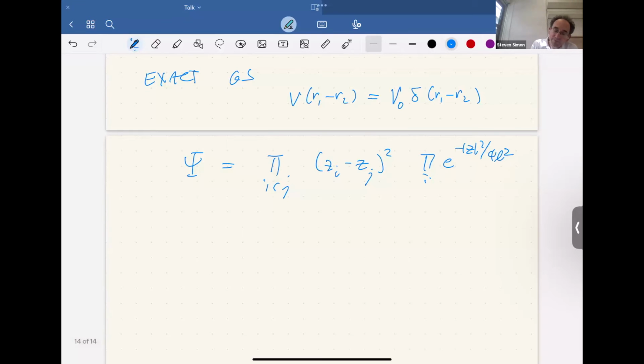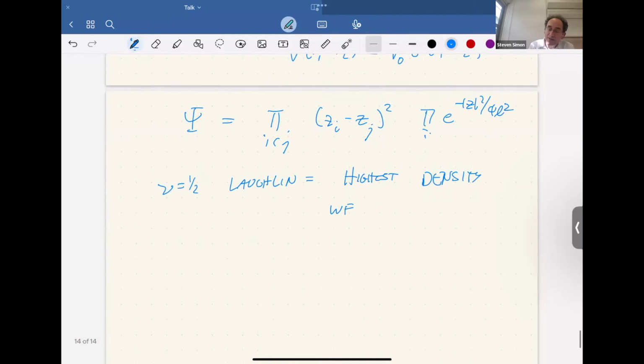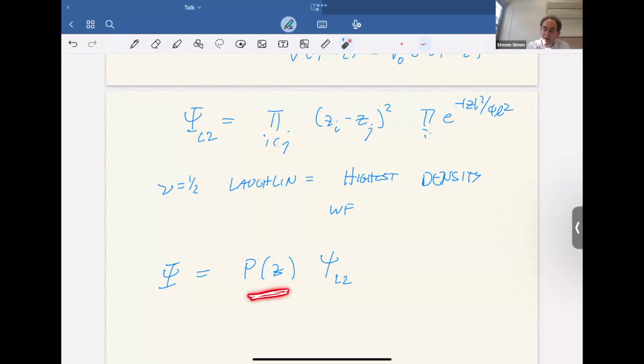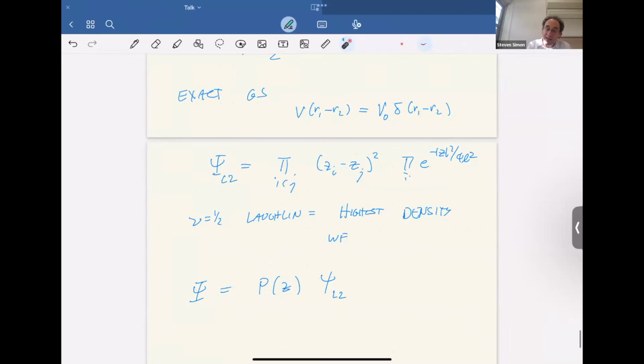Now further, nu equals 1/2 Laughlin is actually the highest density wave function that I can come up with, that you can make, that has this property. For example, if I take a new wave function, any polynomial of z, and multiply it by the Laughlin, let's call this Laughlin 2, and multiply Laughlin 2 by any polynomial of z, it still has the property that it zeroes this interaction out.